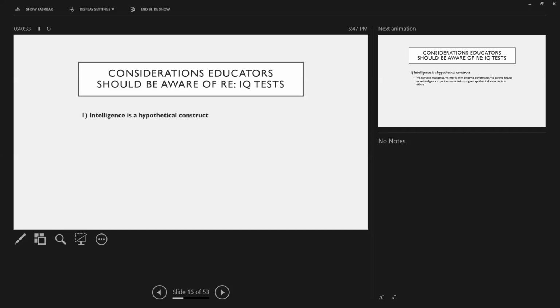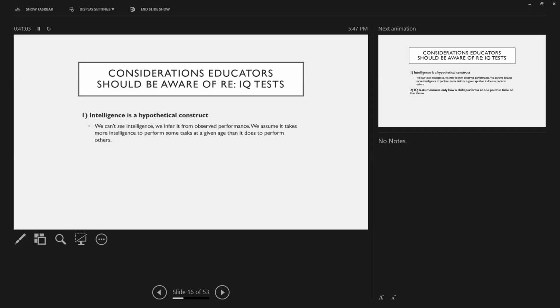We can see with our own eyes variation in height. We can see with our own eyes variations in the distance that somebody can throw a baseball or hit a golf ball. Intelligence is something completely different. We can't see that. And so we infer it from an observed performance, right?